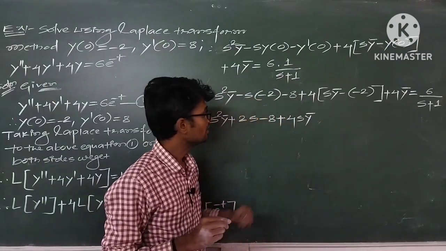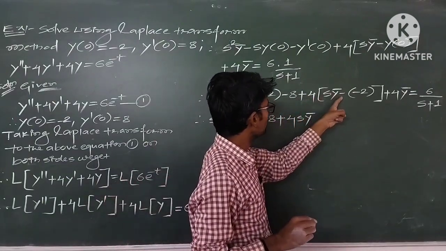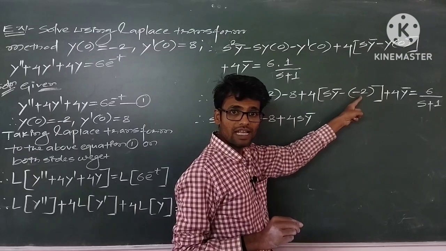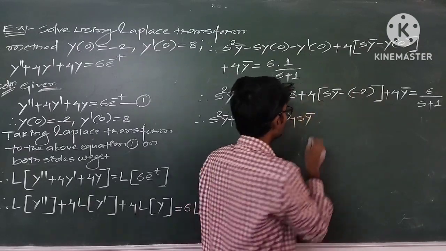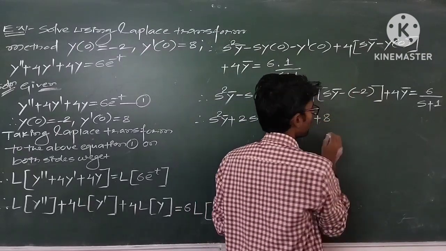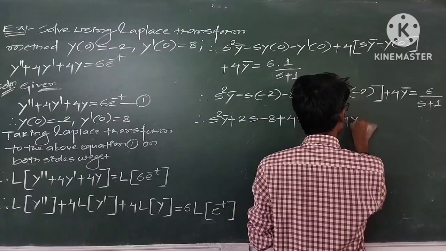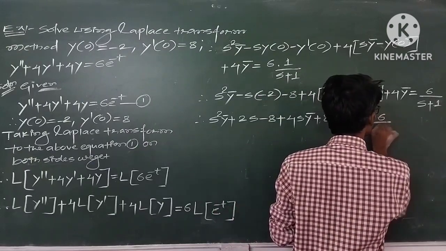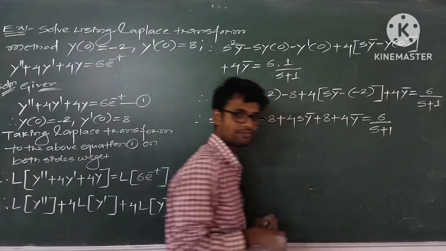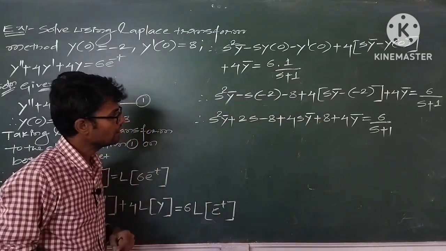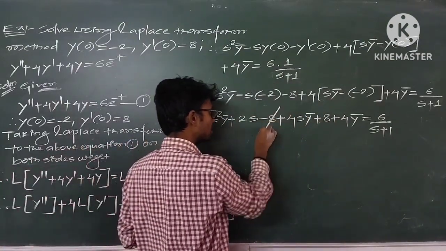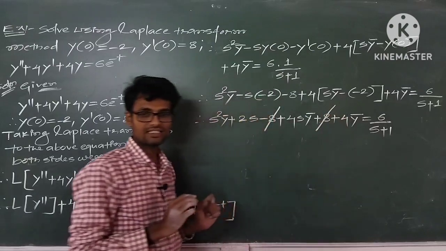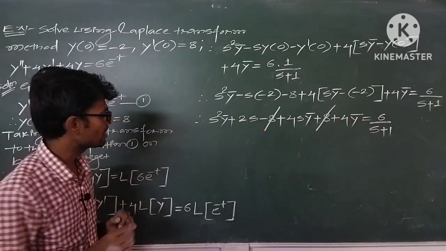Next s, minus into minus plus, 2 times 4s it is 8, and after that you write plus 4 y bar is equal to 6 divided by s plus 1. Now this minus 8 and plus 8 get cancelled.